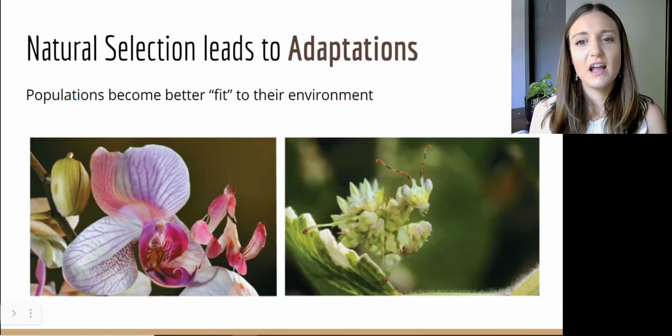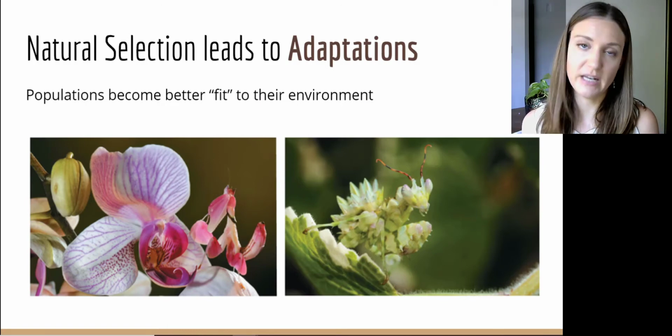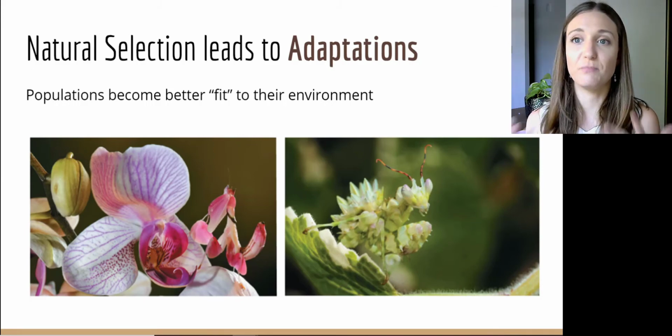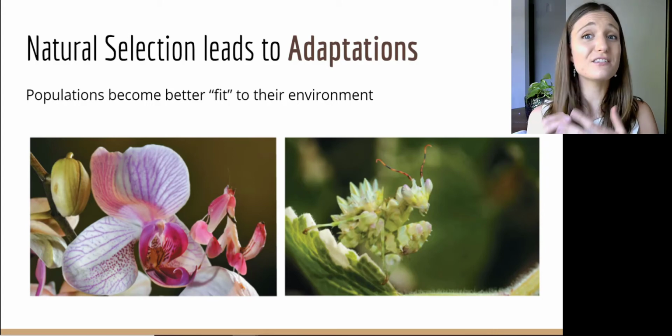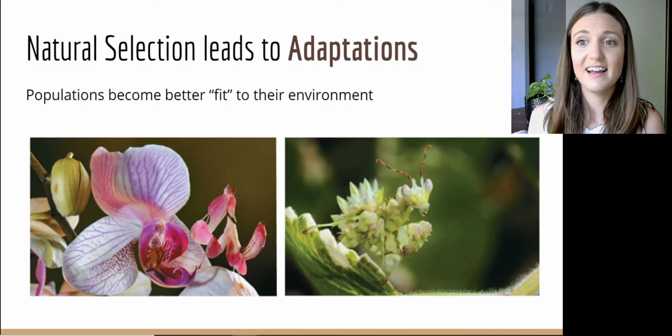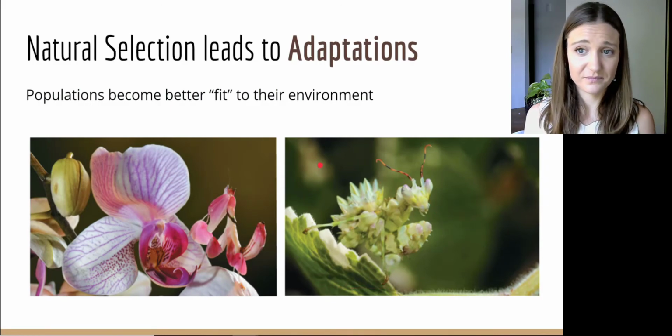And so Darwin thought that this process could lead to adaptations. An adaptation is any characteristic or trait that lets an organism survive or reproduce better in its environment. There are some really extreme adaptations, like these praying mantises, which are highly adapted to mimic the flowers or plants they live on.